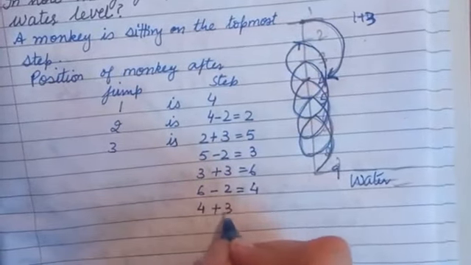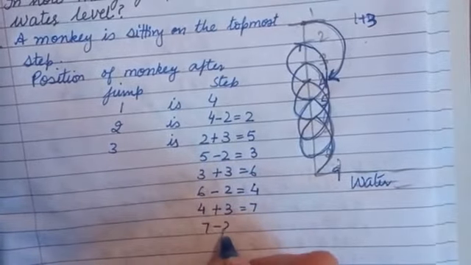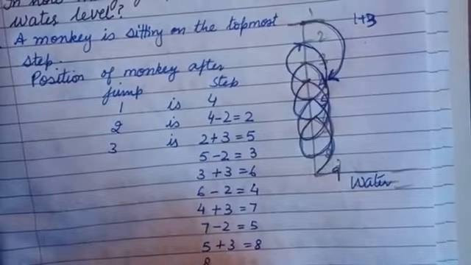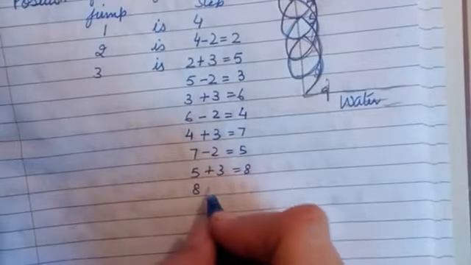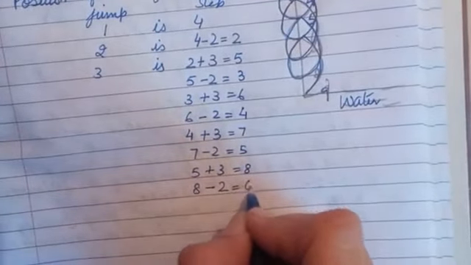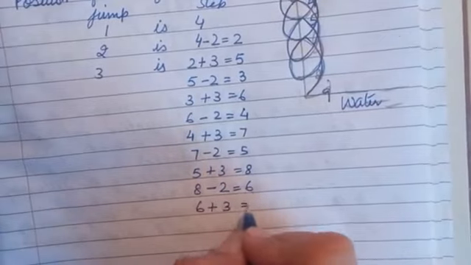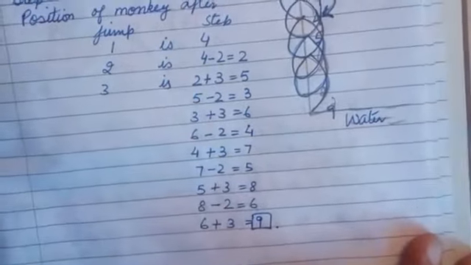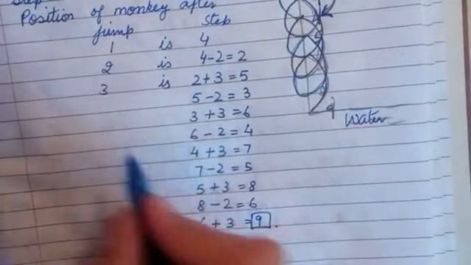4 plus 3 is 7. 7 minus 2 is 5. 5 plus 3 is 8. 8 minus 2 is 6. 6 plus 3 is 9. So here he is reaching the 9th step. Target has been achieved. So now let us count the jumps.